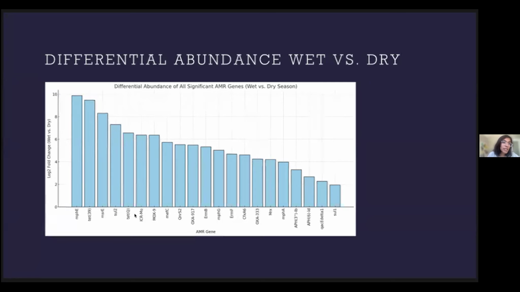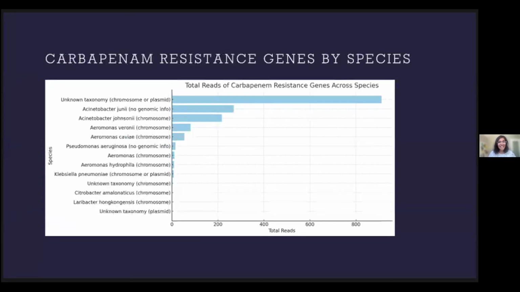As you can see, there are some of these genes, and I have a slide that will help you understand what these are, because these are not English, they're just alphabets to us right now in this slide. And carbapenem resistance genes by species is something that has come up extensively now because of antimicrobial resistance. WHO released an article mentioning that this resistance is a threat to public health, especially because it's pronounced in pathogens like Klebsiella, which cause severe respiratory disease.